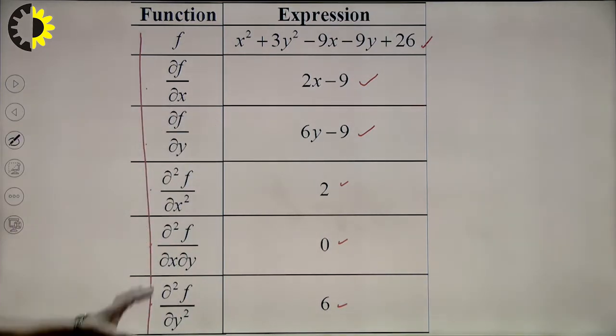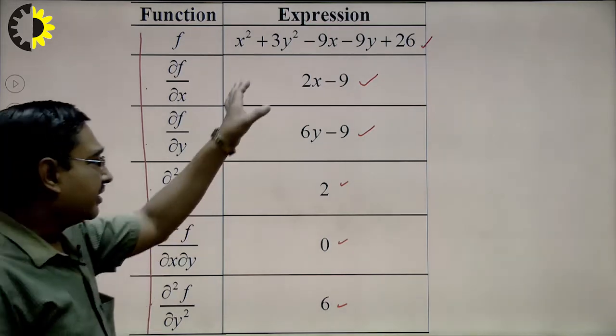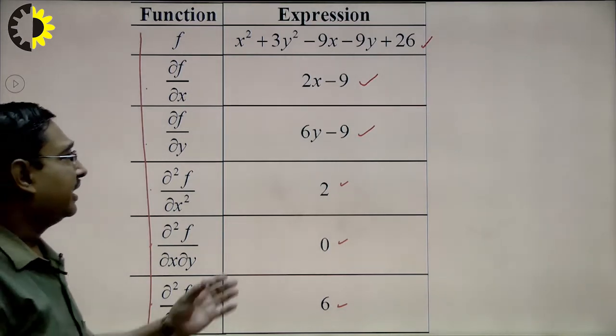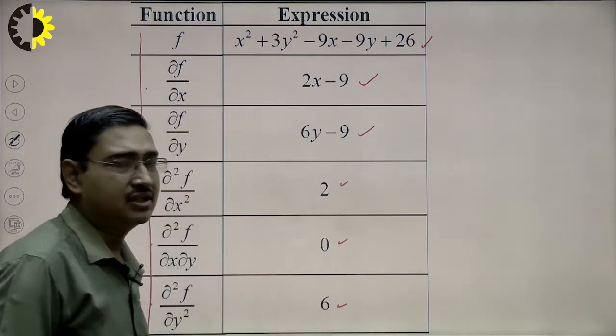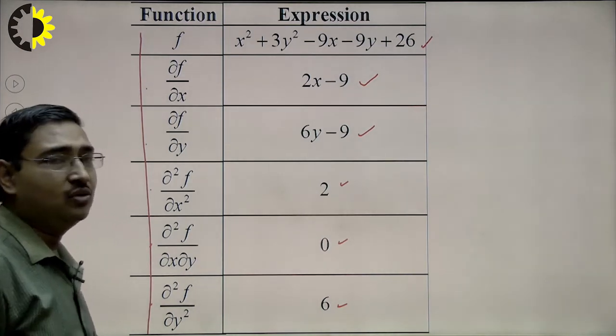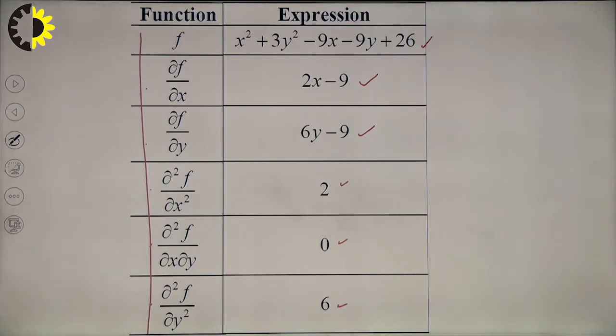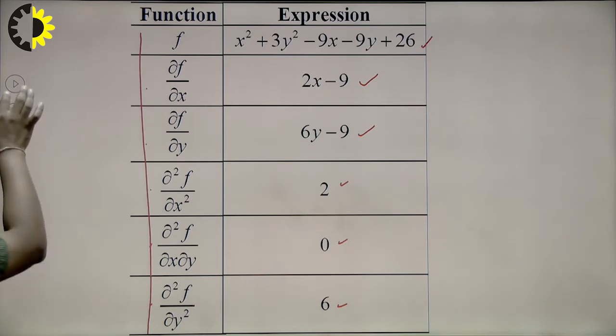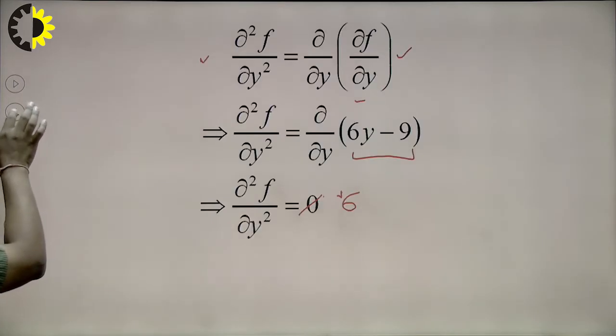Now, we know that in the Taylor series formula, these values are not substituted as they are. We first find the values of these functions at the point a comma b, and then the values so obtained are substituted. For this, we need to first decide what the value of a comma b is. For this, let me go to previous slides.